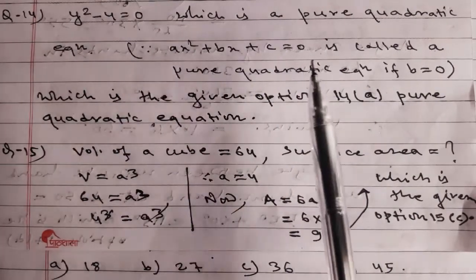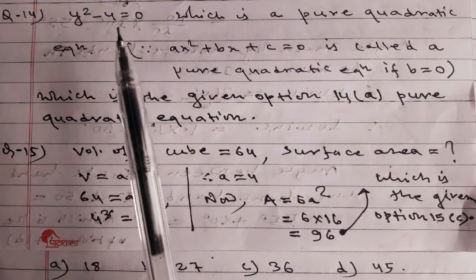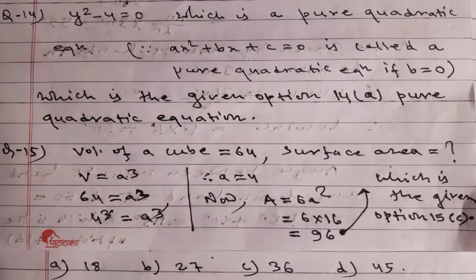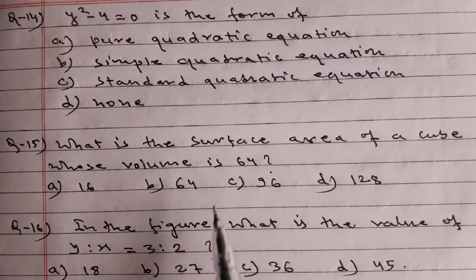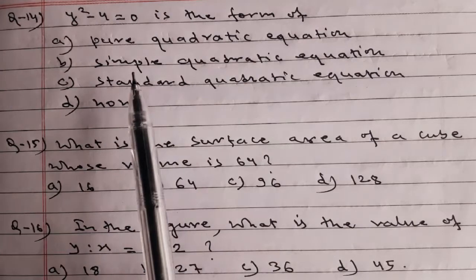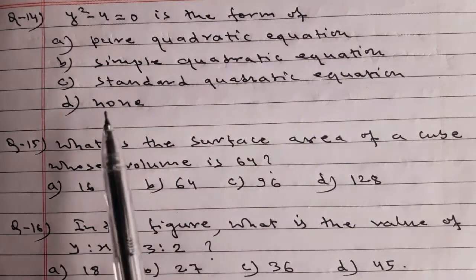According to the question, we have to determine whether the given quadratic equation y square minus 4 is equal to 0 is a pure, simple, standard quadratic equation or none.